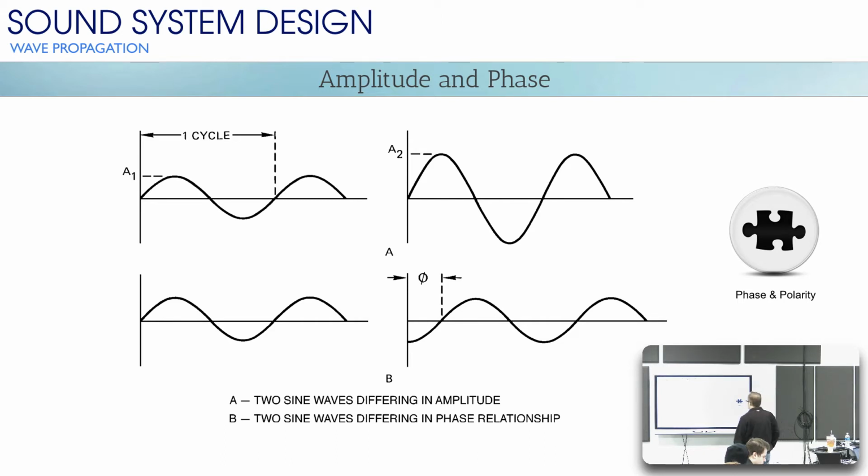So we've learned a few properties of sound waves so far, right? We've learned that they have a speed that is fairly predictable, although a moving target. But you can kind of predict how it's going to move.